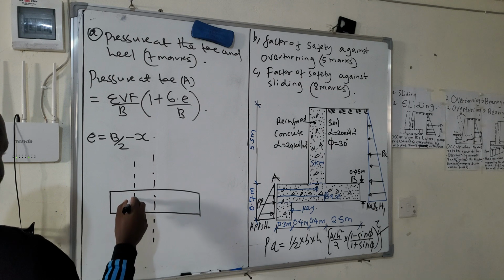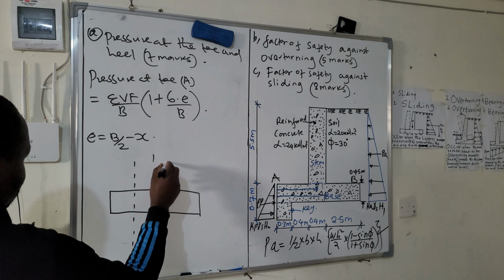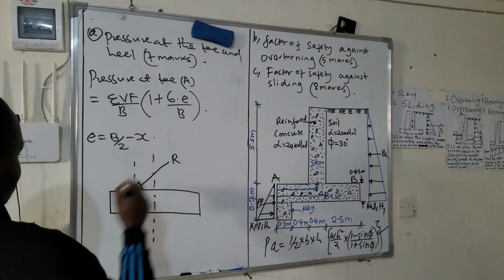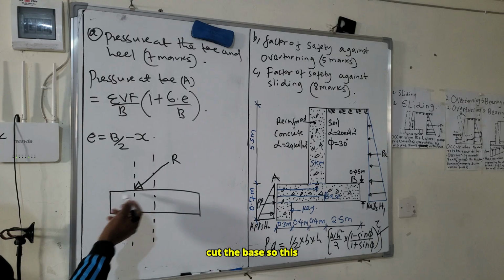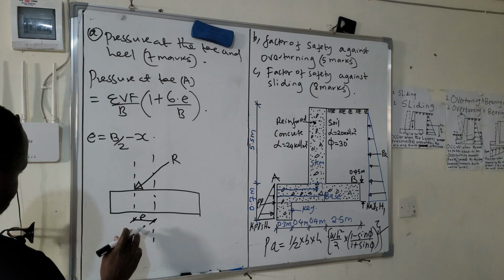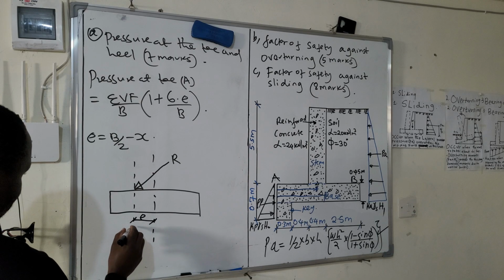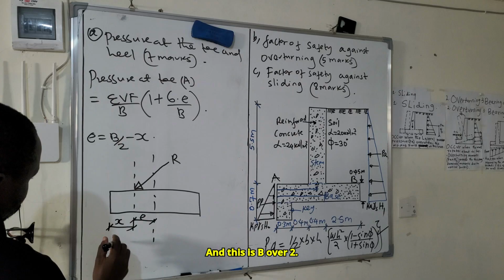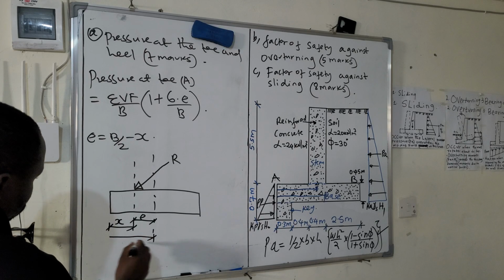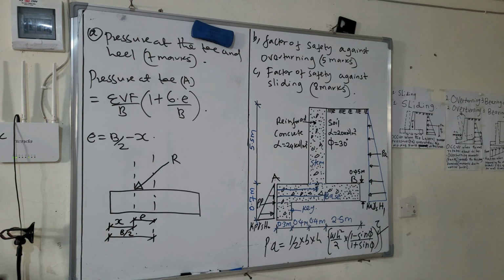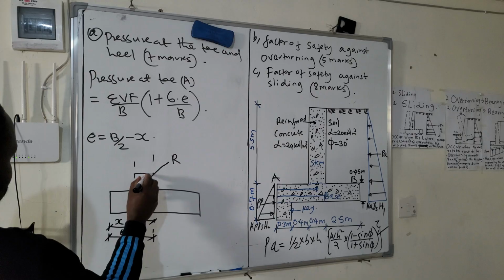This is E, the point where the resultant cuts the base. And this is X. And this is B over 2.